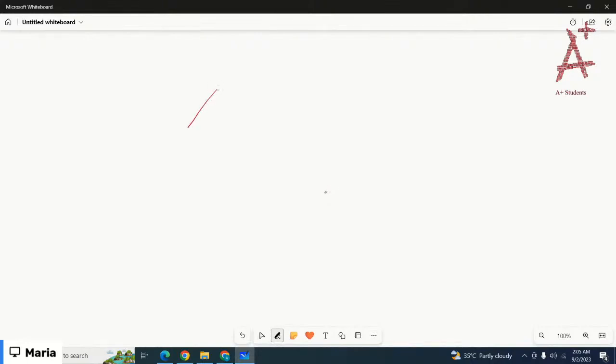For example, this is 7 centimeter and this is 3 centimeter. This is one of the parallelograms. You can make another one like this.